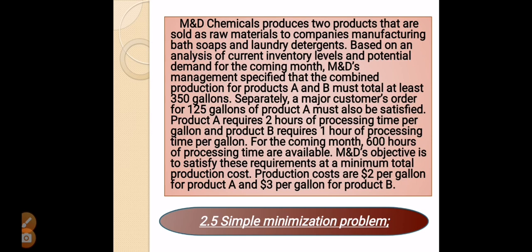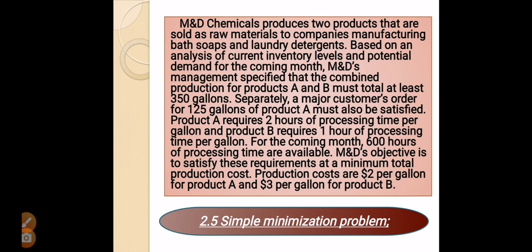Separately, a major customer's order for 125 gallons of product A must also be satisfied. Product A requires 2 hours of processing time per gallon and product B requires 1 hour of processing time per gallon. For the coming month, 600 hours of processing time are available.